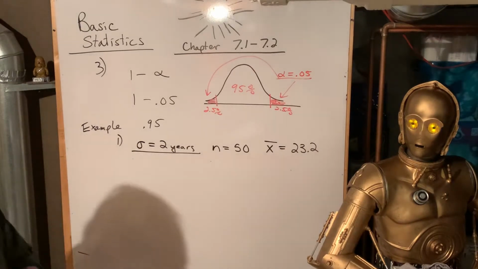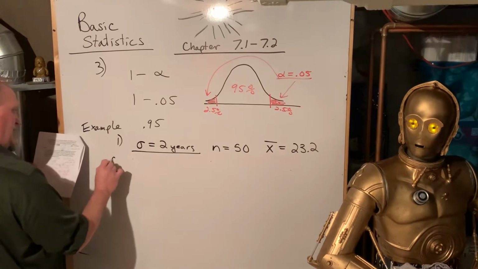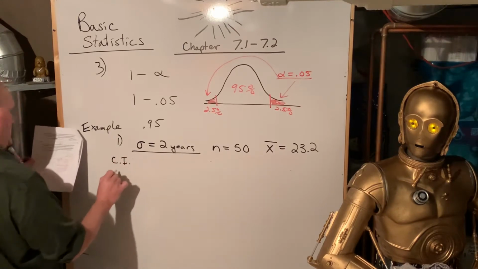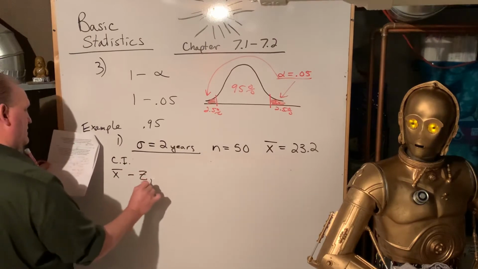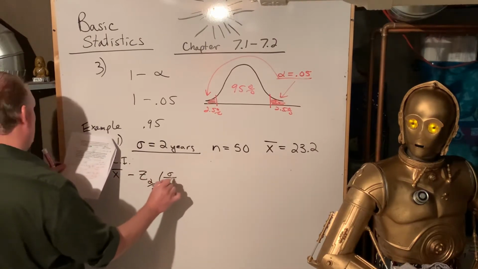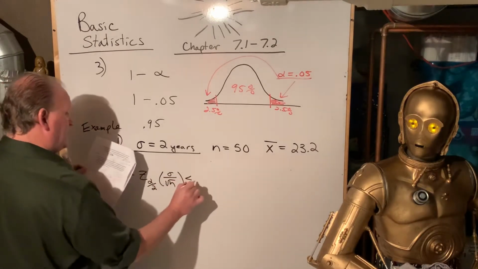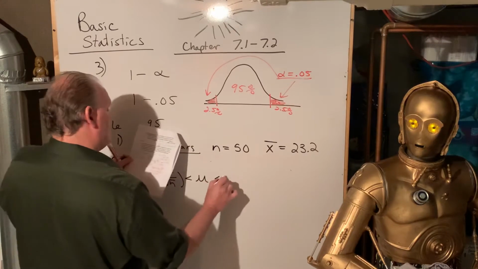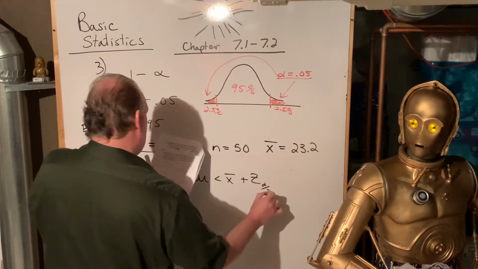So we're actually going to look this up. And when you look that up on your sheet for confidence intervals, you're going to find this rather involved equation. And so don't freak out.